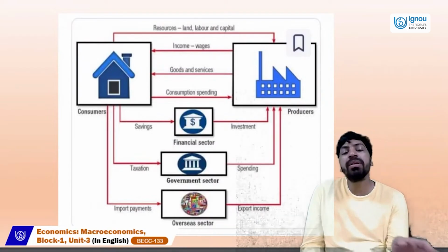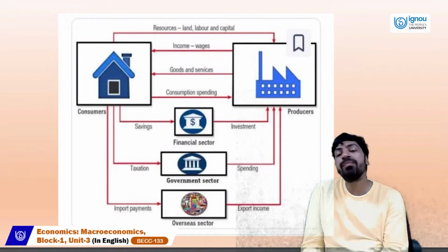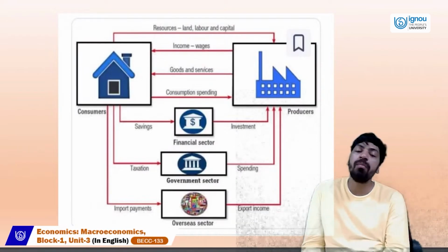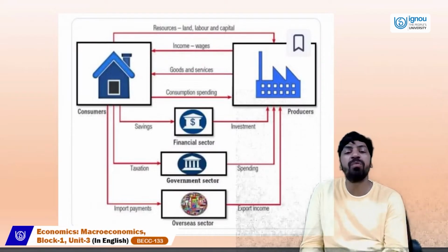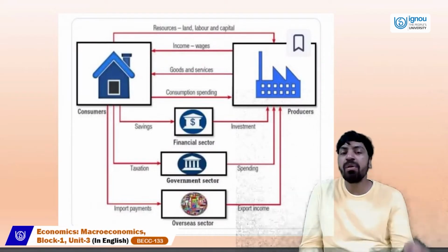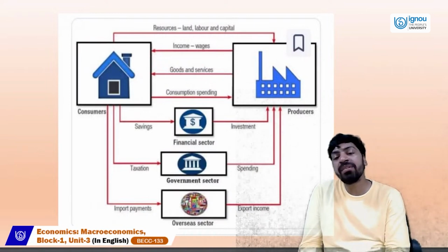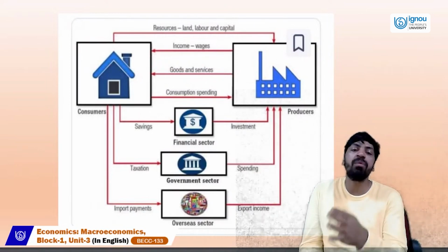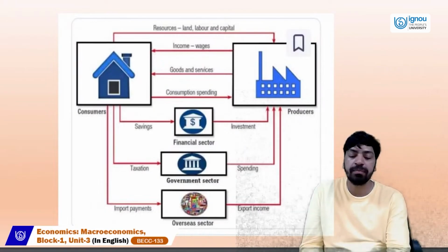So this is called an overseas sector, where the import and export of products, in the form of transfer payments or in exchange of income, would work smoothly. So this is called the five sector model that will work in the form of these particular transactions.